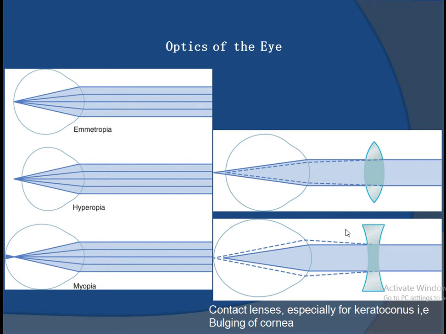If they are dry, they must be wetted with the solution which is provided with the lens. Contact lenses are the best for keratoconus, a special disease condition in which bulging of the cornea takes place. In that case, contact lenses are the best treatment.